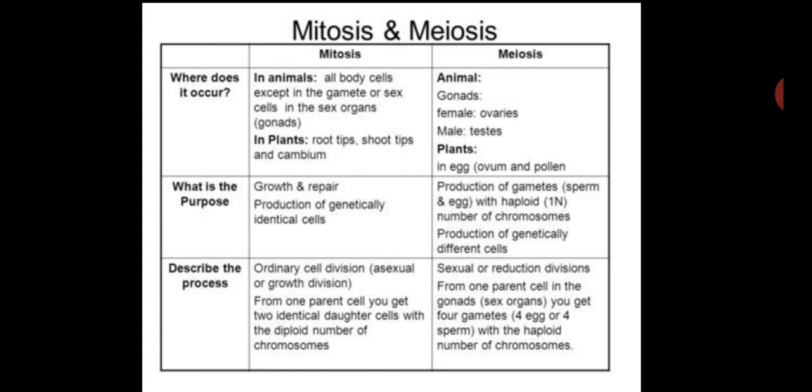In sexually reproducing organisms, the occurrence of meiosis is very significant and important. In diploid sporophytes, the sexual mother cells, megaspore mother cell or microspore mother cell, undergo meiosis to produce haploid gametes, egg and pollen grains, or female and male gametes.